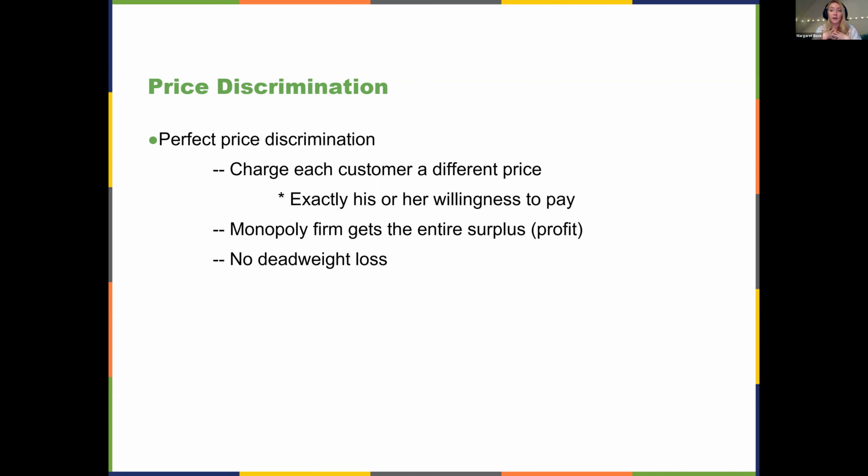I was willing to pay $5, but I only had to pay $3. So I kind of got this $2 extra, this consumer surplus for me. But if a monopolist is able to charge people their exact willingness to pay, then there would be no consumer surplus. It would all go straight to the monopolist.